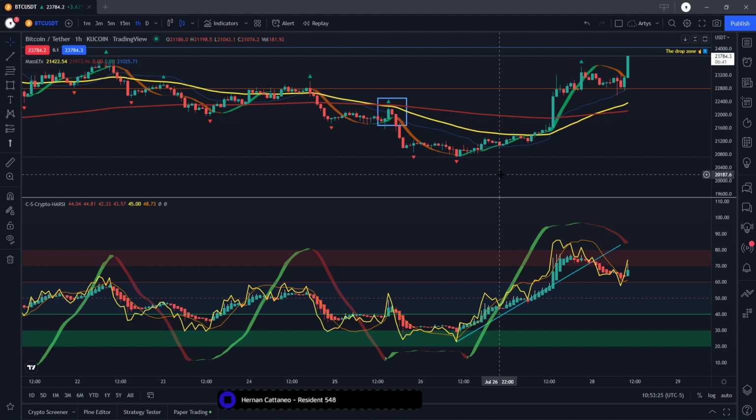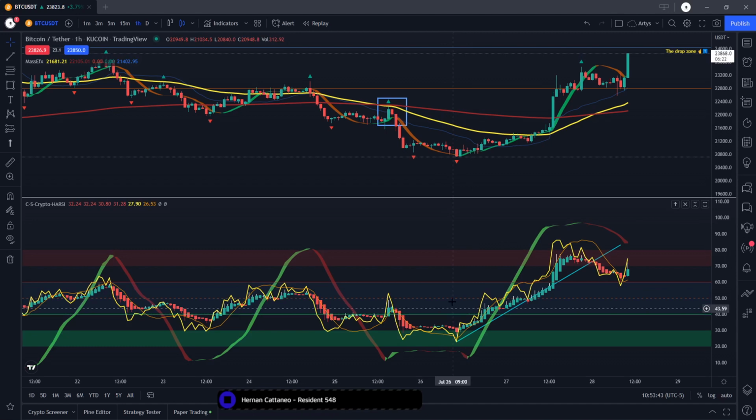These areas present mainly at the 40, 50, and 60 level. I decided to plot these lines at the 40 and the 60 and color code them as needed. You can change the colors if you want. You can set them to just some gray areas so you have a little warning saying, hey, something's going to happen here. This doesn't necessarily mean sell, and this doesn't necessarily mean buy.